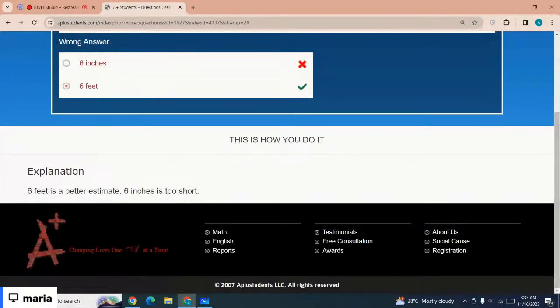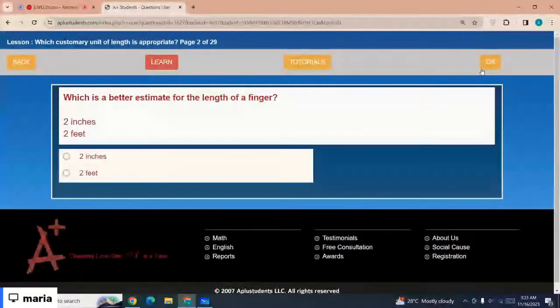The next one is, which is a better estimate for the length of a finger? The finger is 2 inches long or 2 feet long. Which is the correct option?